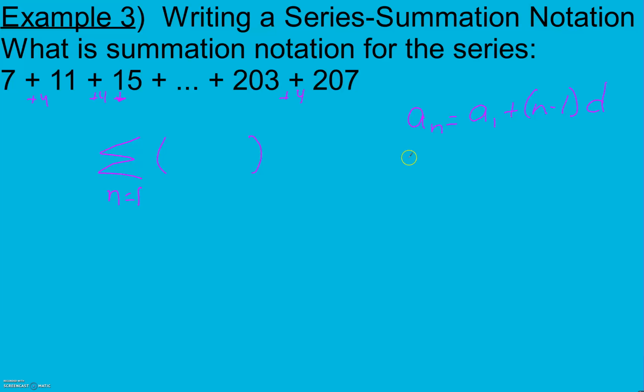Okay. First term is 7. n minus 1 times our common difference of 4. We can go ahead and simplify here. All I'm doing is distributing. And now I'm going to combine my like terms.